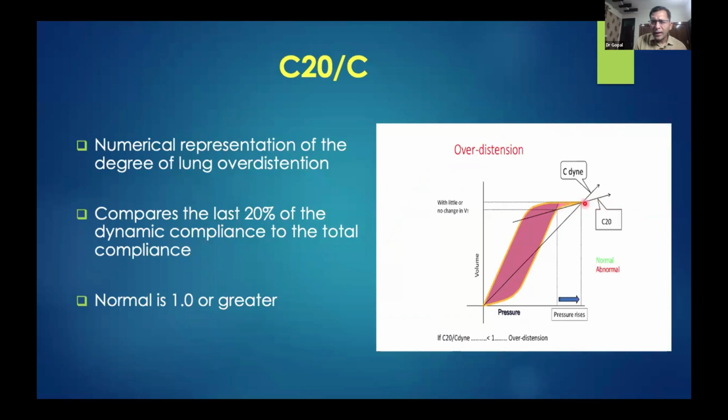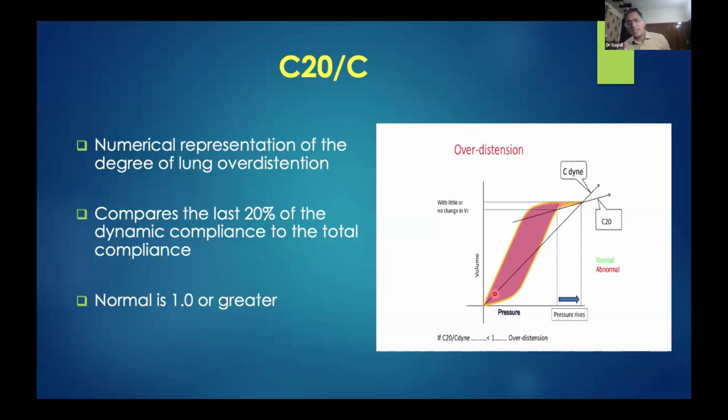If I draw a line on this part and I want to see the compliance of this 20% of the loop, and I compare it with the compliance of the whole loop, the ratio is called C20 by C. Ideally, we want the compliance of the last 20% of the loop to be equal to the other part. So it should be 1, or at least 1.